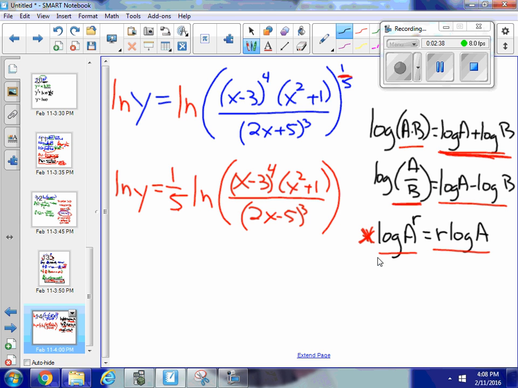Now you can see I have products and I have quotients, but they're all part of a logarithm. So now I can use the properties of logarithms to turn this into something more manageable. When I have a product, I'm adding them together. And when I have a quotient, I'm subtracting the denominator from the numerator. So basically everything on top is a positive argument, and everything on bottom is a negative argument of a logarithm.